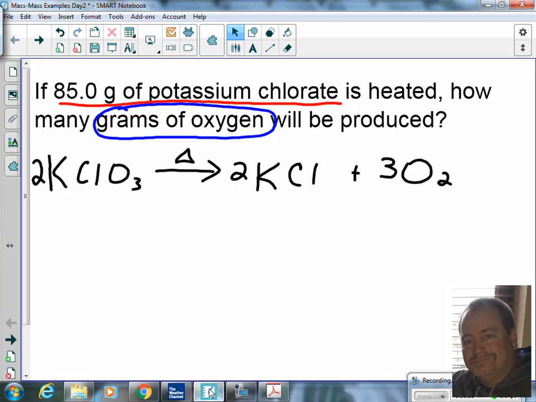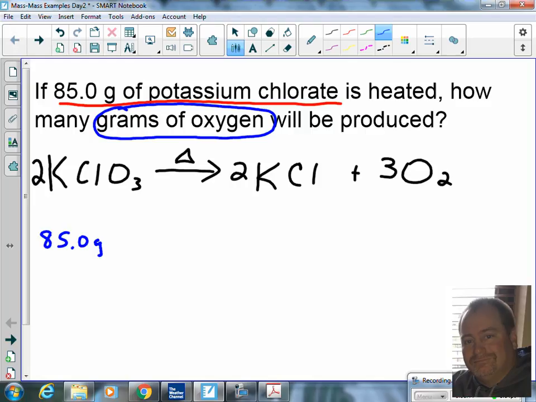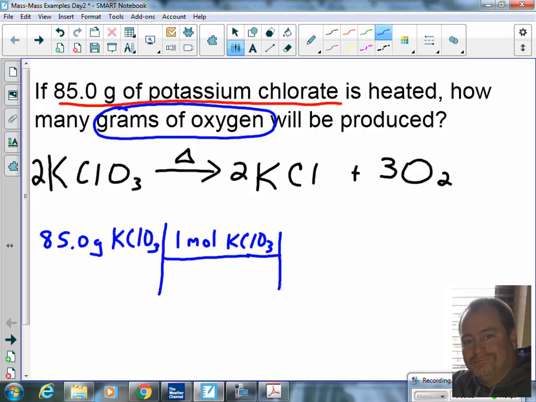So I come back to my problem. 85.0 grams of KClO3. And I'm going to convert that to moles using flux capacitor. 1 mole of KClO3. And Andrew said was what? What was the molar mass?